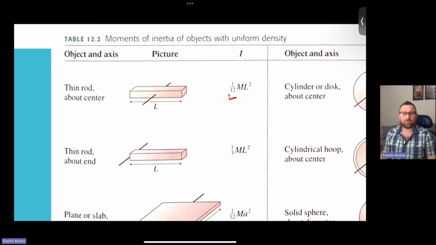That's going to be 1/12 ML squared. Then we also have the same thin rod, like an airplane propeller, but maybe we're just looking at one of them from the center of the propeller instead of two as in the first picture. So here we have a thin rod spinning about the end. You'll notice that this is actually 1/3 ML squared instead of 1/12 ML squared.